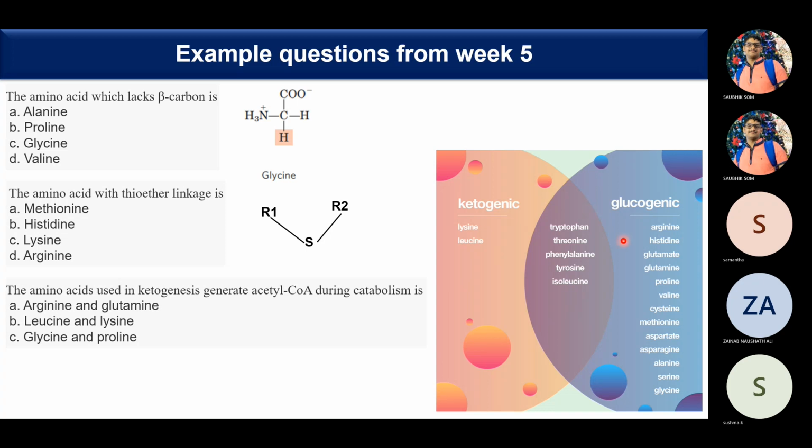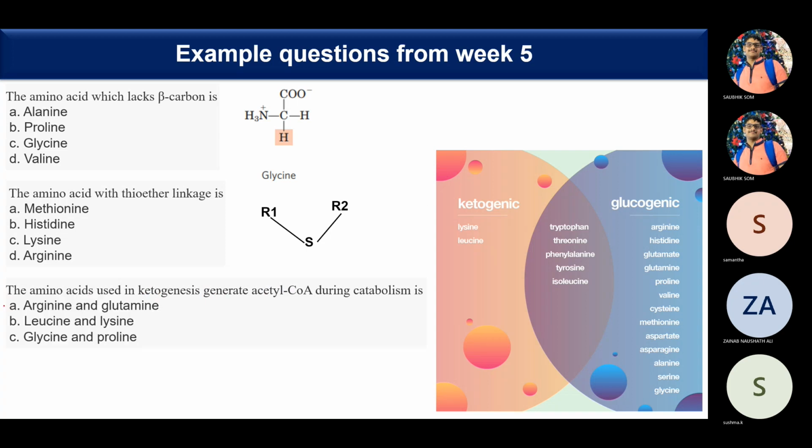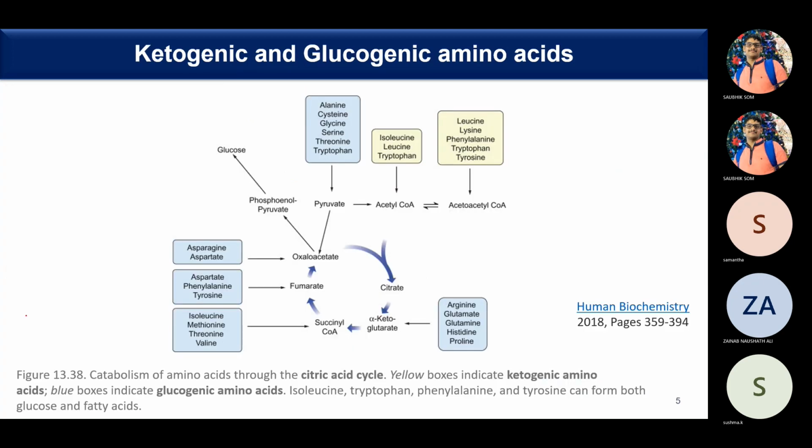There are glucogenic amino acids, and there are amino acids which are both glucogenic and ketogenic. Since the question asks about ketogenesis to generate acetyl CoA, the correct answer will of course be lysine and leucine.